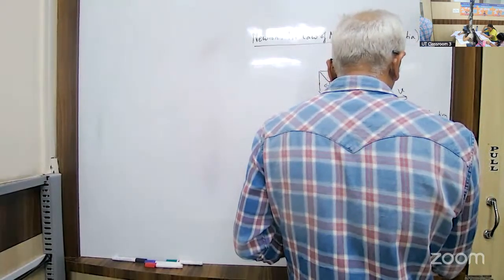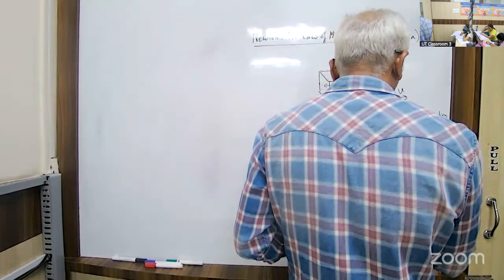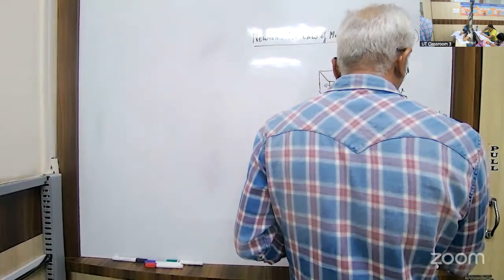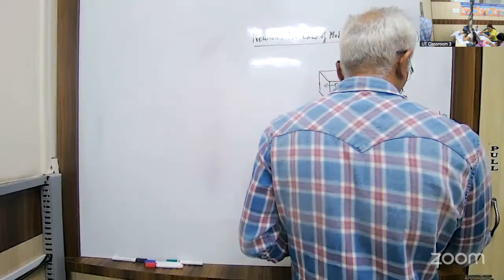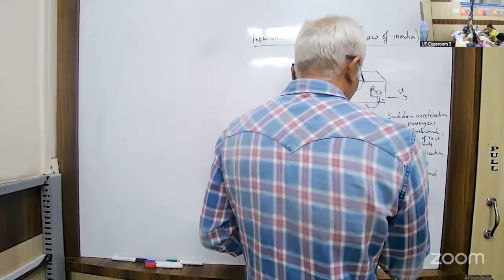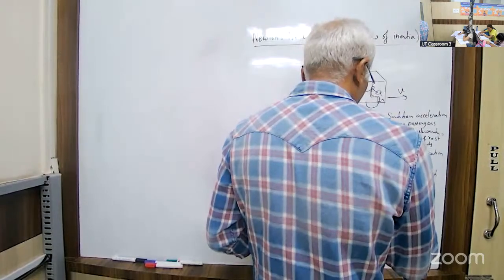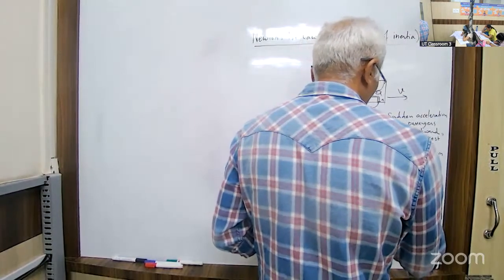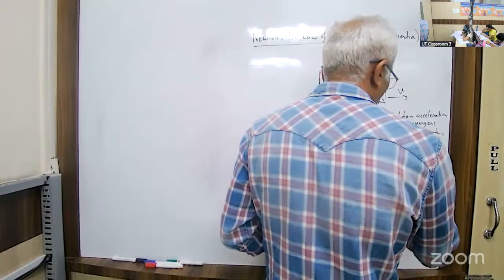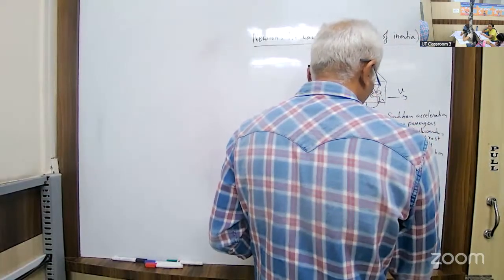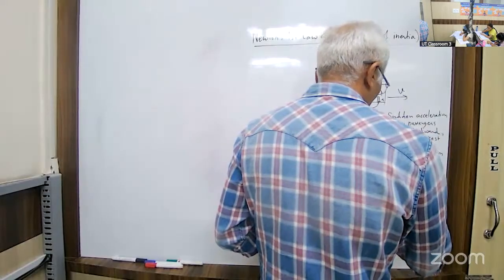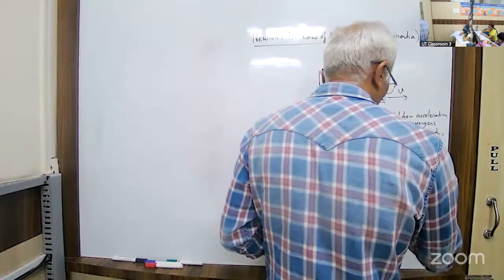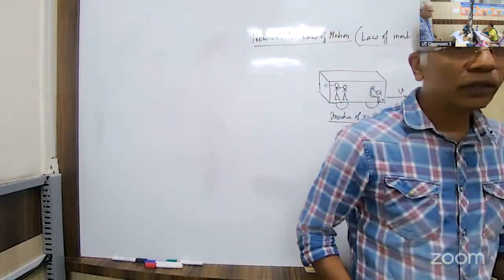Passengers to fall forward due to inertia of motion of the upper part of the body. Okay. So these are some examples of inertia.